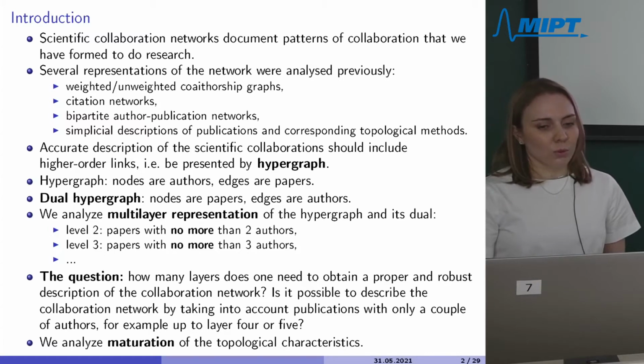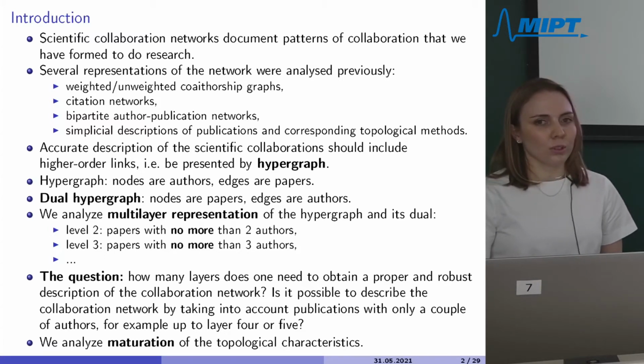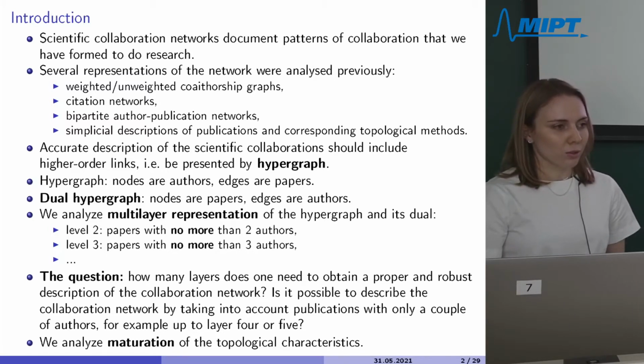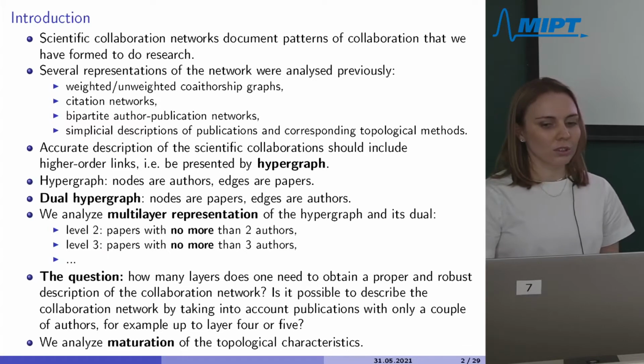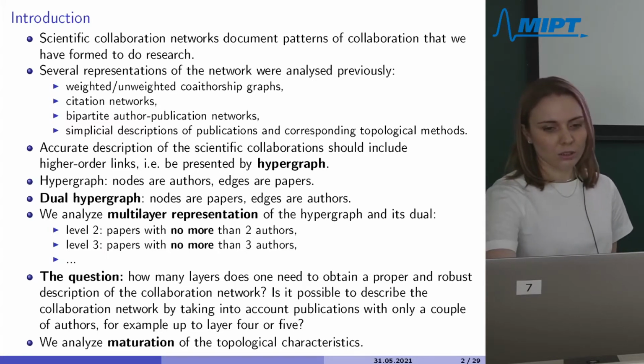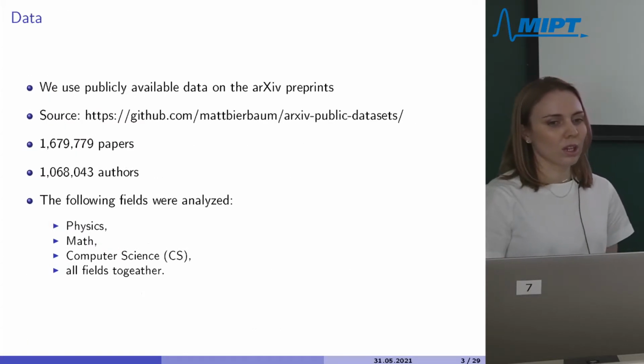So the question is, how many layers do we need to obtain such a proper description? So we analyze maturation of different topological characteristics, and today I will tell about the results.